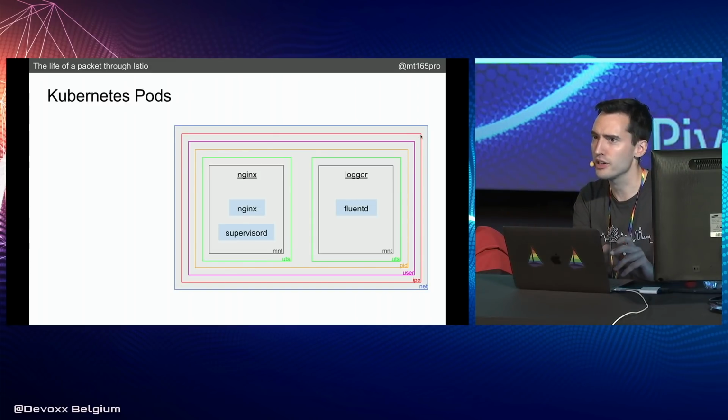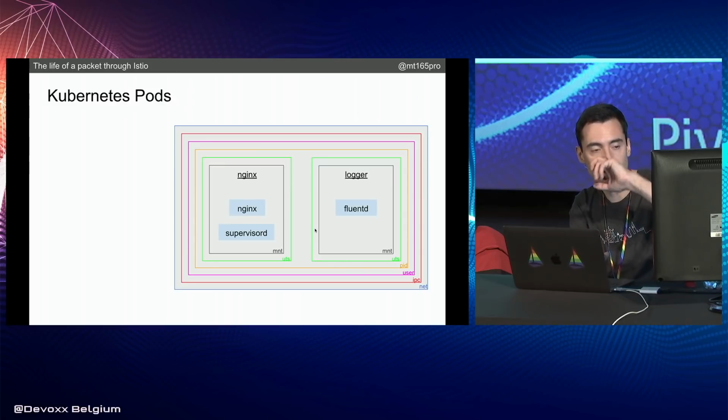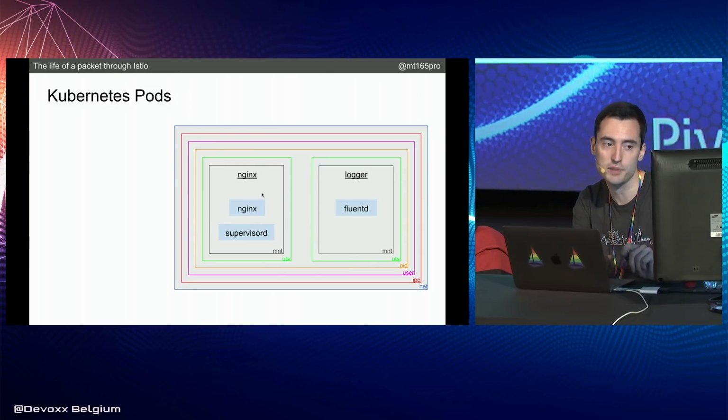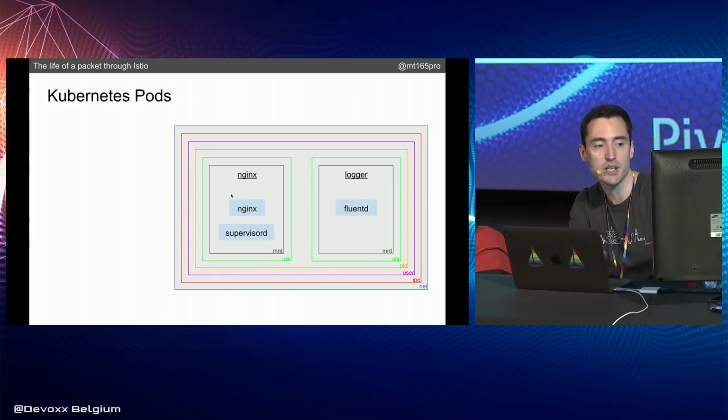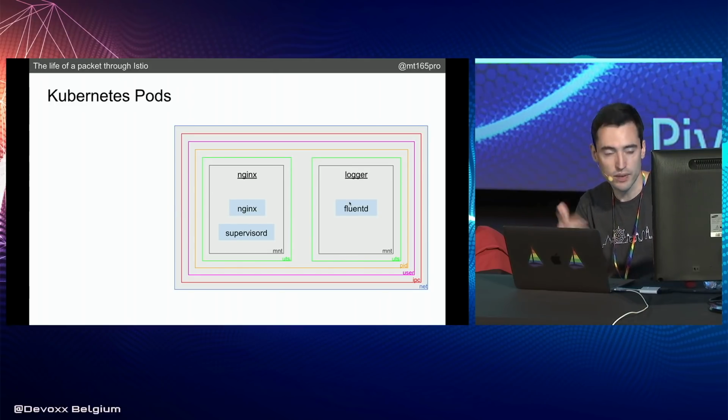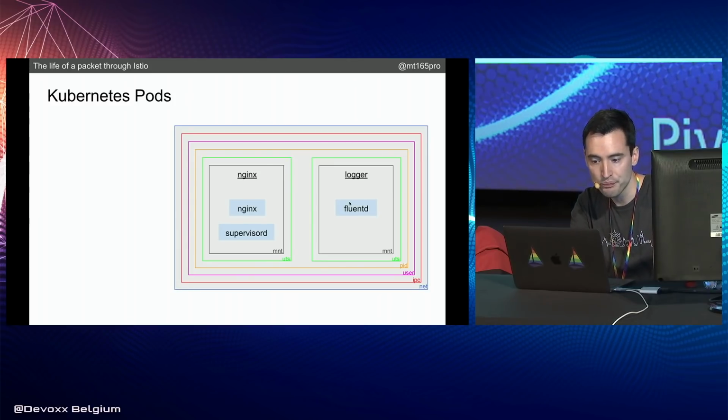They can send each other signals and share System V IPC, and importantly, they share this network namespace. So any network interface that's in this box and is visible to one is also visible to the other. This is why pods have one IP, shared between them. So if Nginx binds to port 80 on whatever IP the one interface has, fluentd can't, because there is one interface and that port is then blocked.